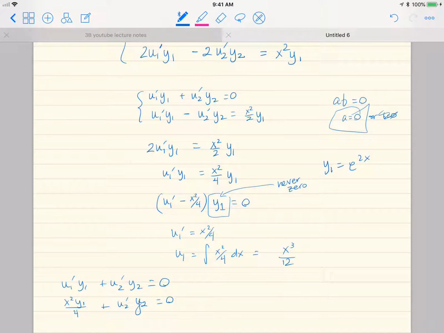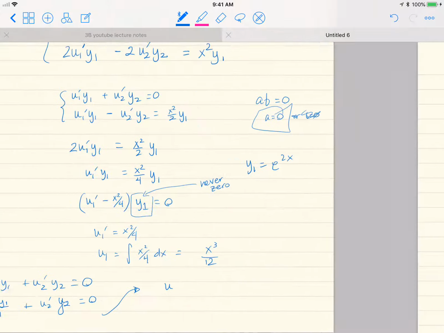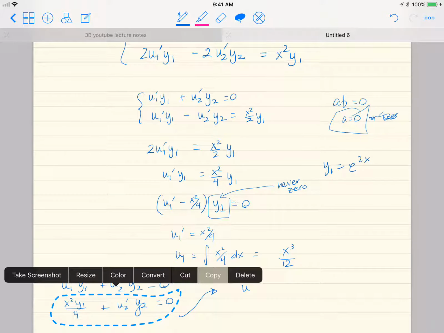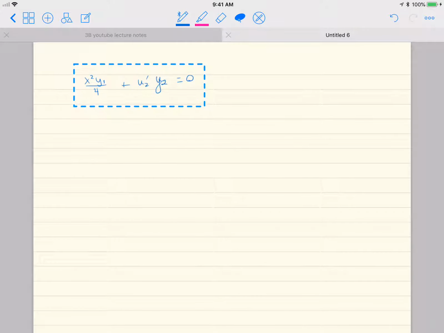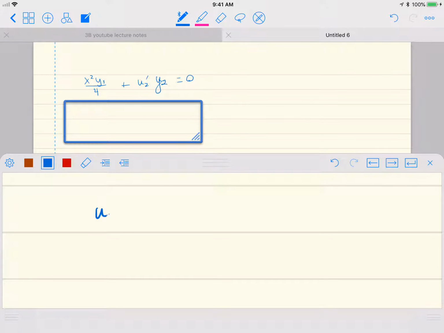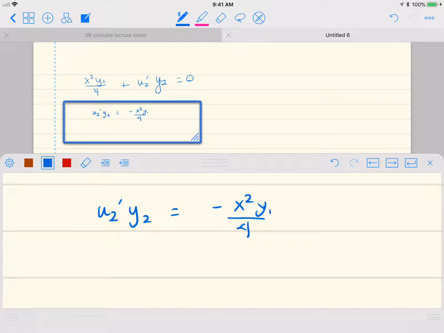Okay, and so we can solve for u2 prime. We'll say that u2 prime y2 is equal to negative x squared y1 over 4. Remember, we know y1 and we know y2, so we're in good shape here. And now we just have to divide by y2. So we get u2 prime is equal to negative x squared y1 over 4 y2.